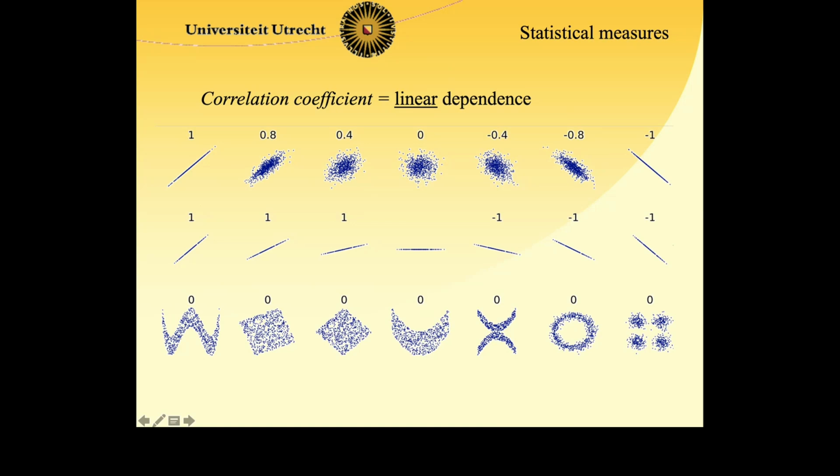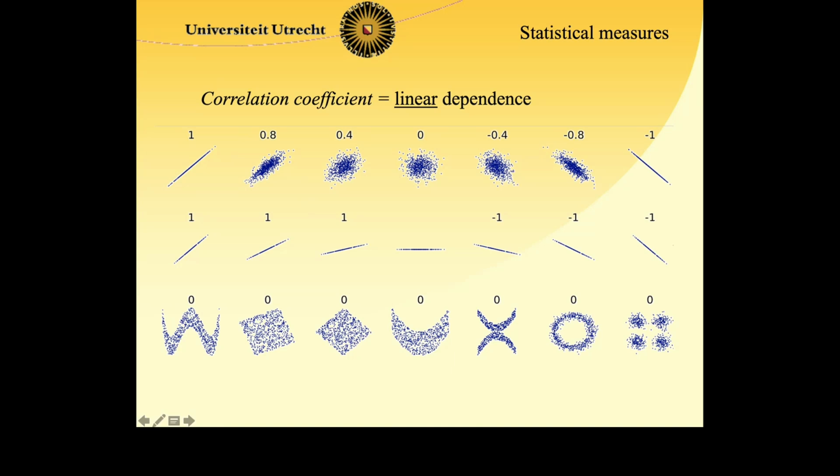Now, of course, if it's 1 or -1, it doesn't say anything about the slope, because that depends on the range of Y and Z. It only says that they are on a straight line. What is also important to notice is that all of these patterns that we show here have a correlation coefficient of 0.